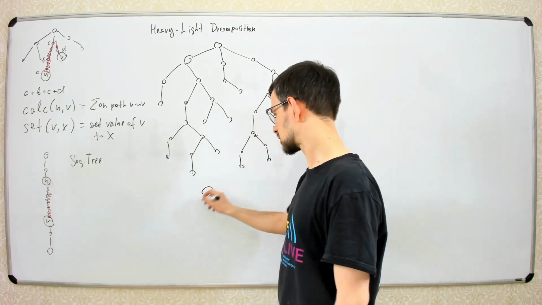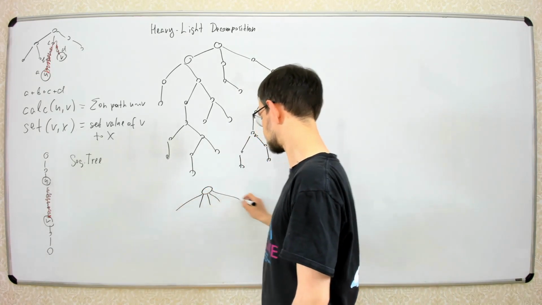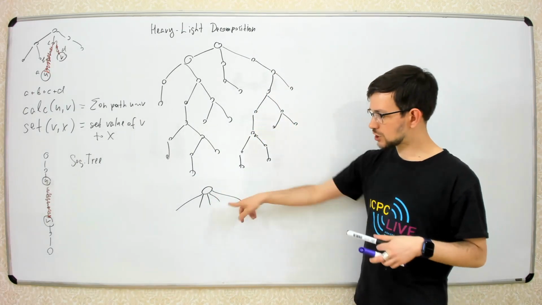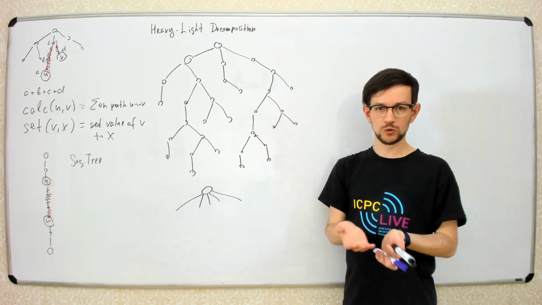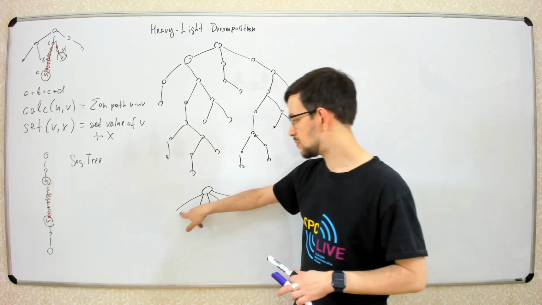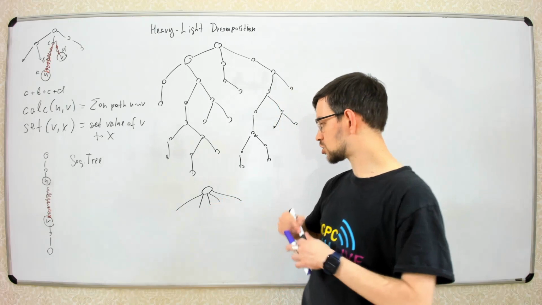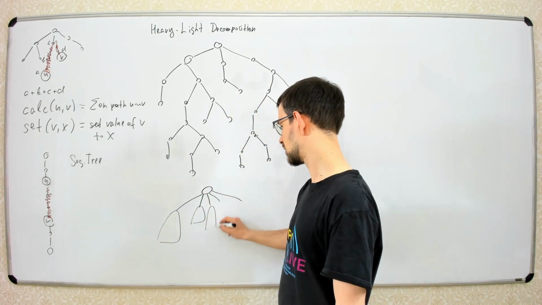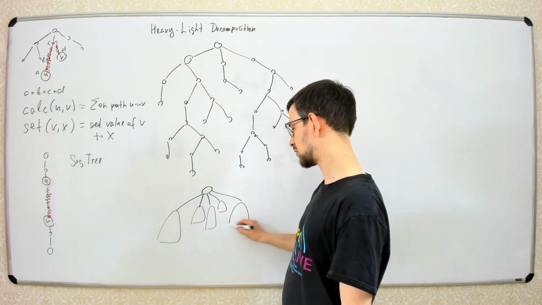So each node has some children. Now for each child, we'll calculate the total number of nodes in its subtree. So below each child, there is some subtree. Some subtree here, some subtree here, some subtree here.